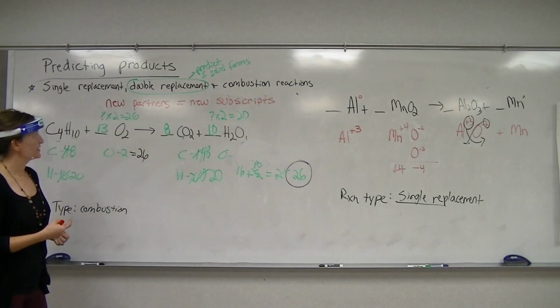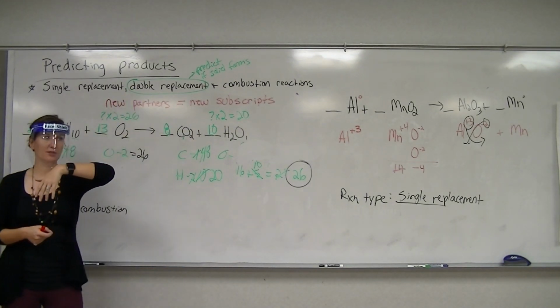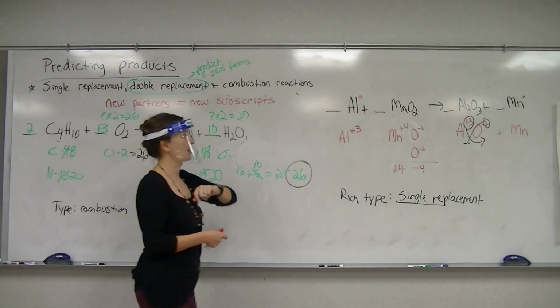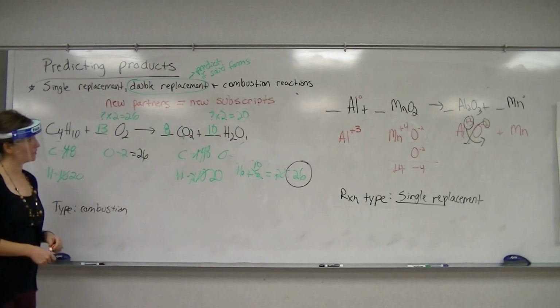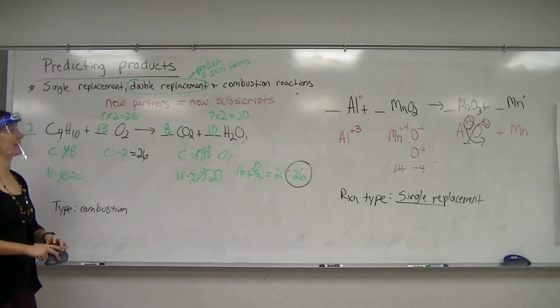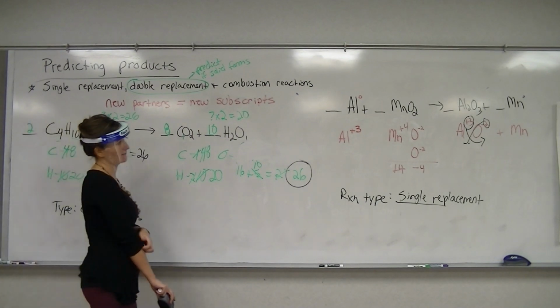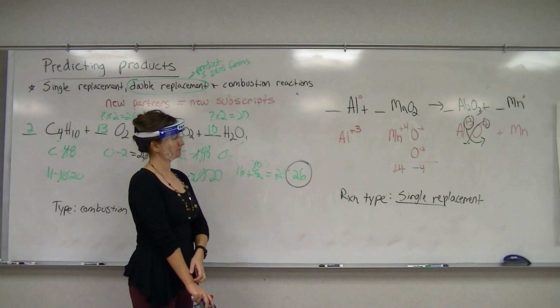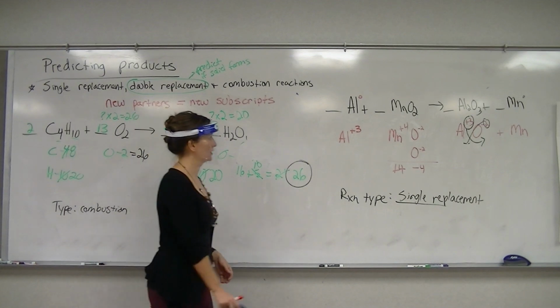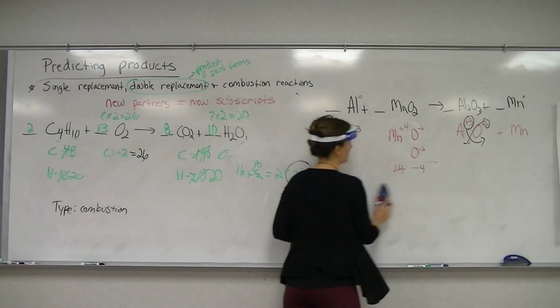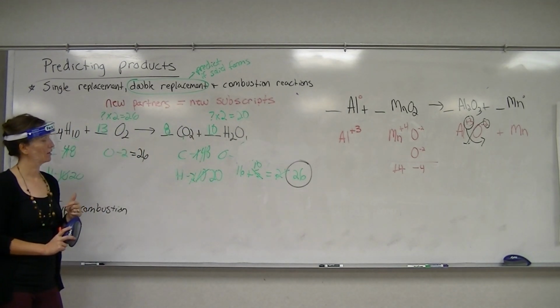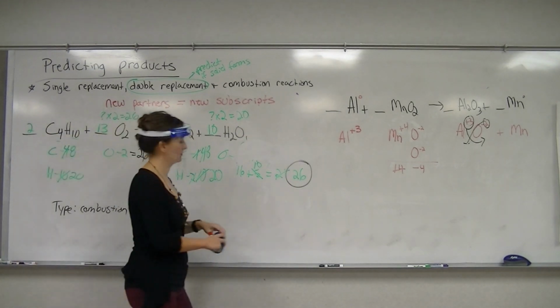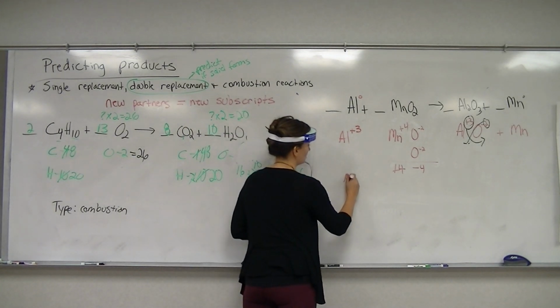Now, since it's a single replacement, we're not predicting if solids forms or anything like that, okay? But we are still going to balance it. And this one might be a little more difficult to balance than most single replacement reactions. So I'm going to erase those pluses and minuses so that we can write our list. Actually, I'll just write it down here. Maybe there's room.